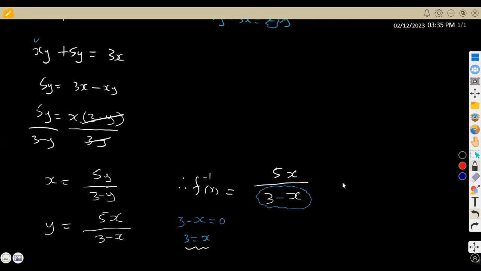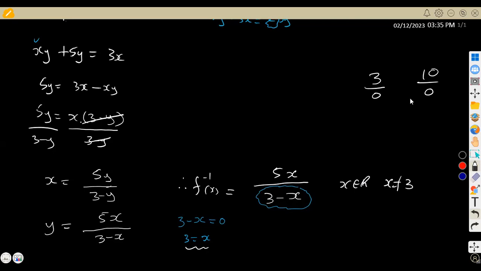So to avoid that, our x is not supposed to be equal to 3, because when it is equal to 3, our denominator is equal to 0, and that means the function is not valid. Remember, I told you guys, you cannot have a condition of 3 over 0 or 10 over 0.